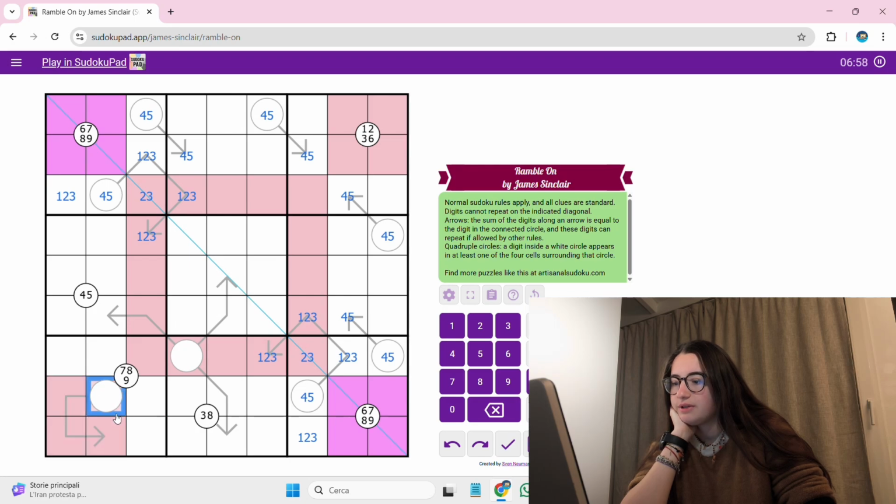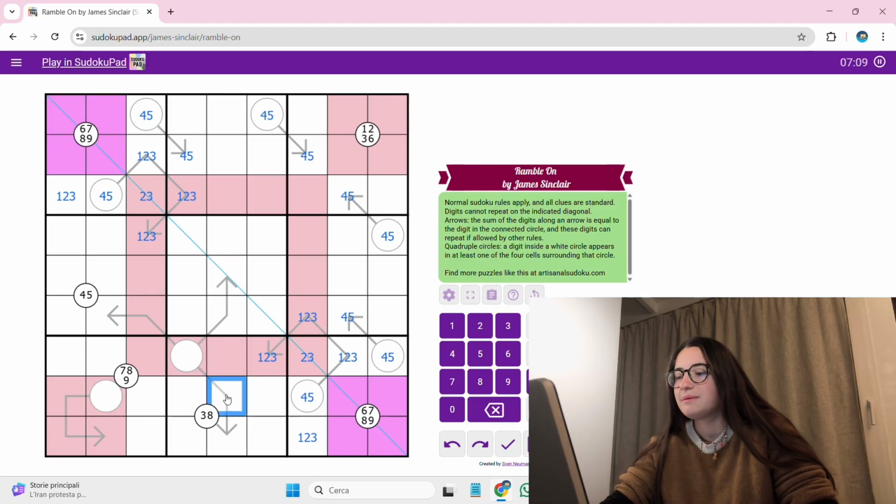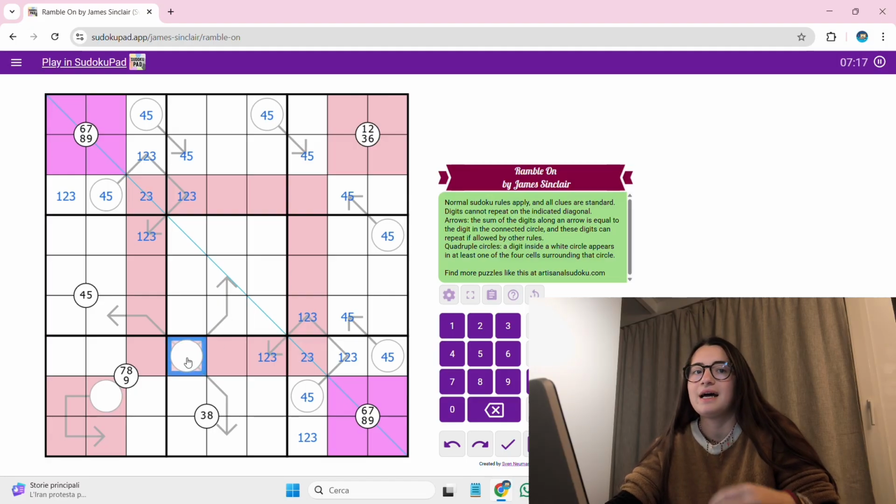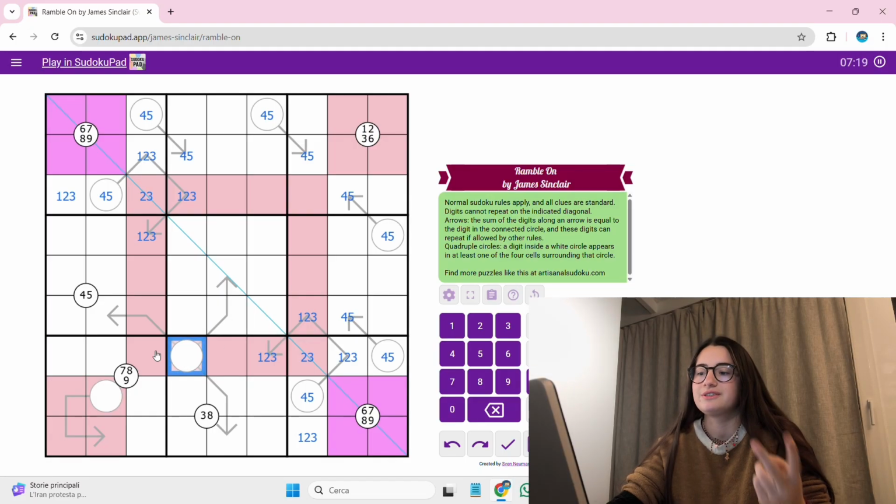Let me check whether this may help by any chance. Maybe this one may help. Because here the minimum that we can have is 6, I guess. No, can it be? Because we need a number that has two digit sums.